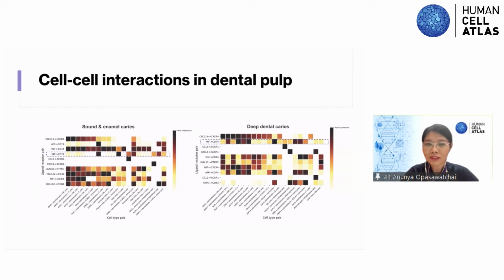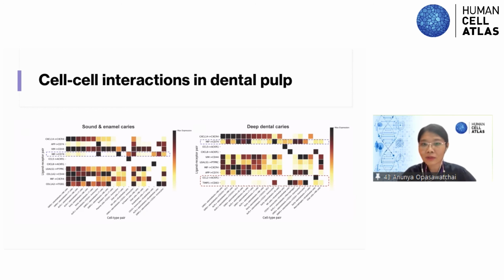So the MIF was expressed by odontoblast cell subsets, and CD74 was expressed by CD16 positive monocytes. This is an example of the common interactions between the two. But we also found specific interactions that were only enriched in the presence of deep dental caries.